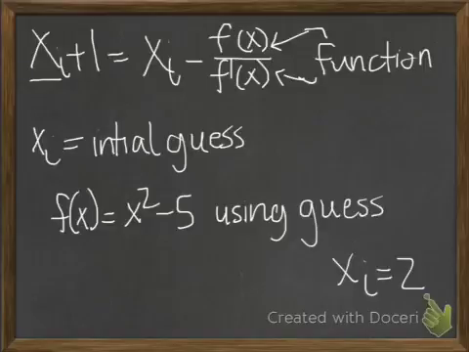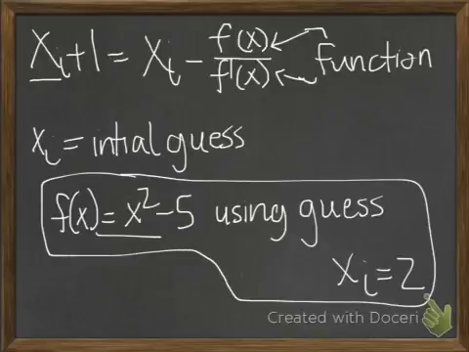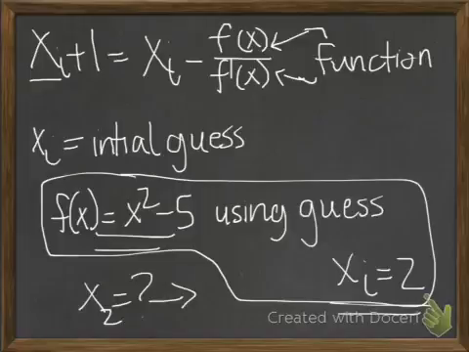So what we're going to use in this formula and in this problem are two main things: the function itself and this initial guess. If we plug this in right, we'll come up with a second guess, x2. And further, we can plug in x2 to get x3. And this will lead closer and closer to the root that we're looking for if we graphed the function. So let's look at how we can work out this problem.